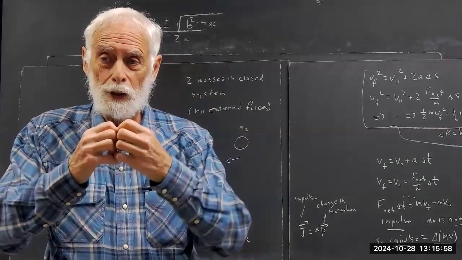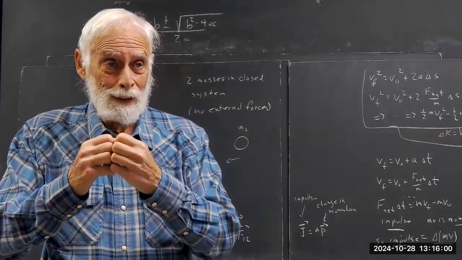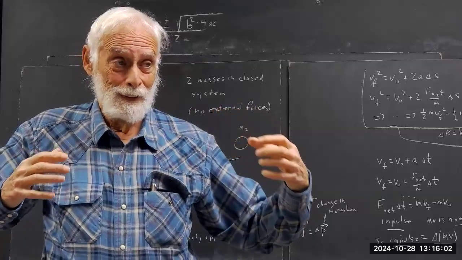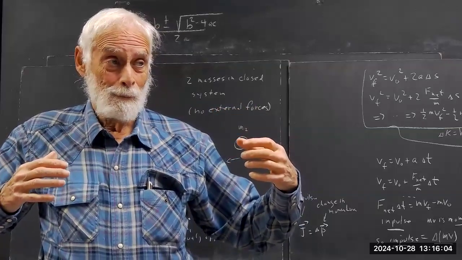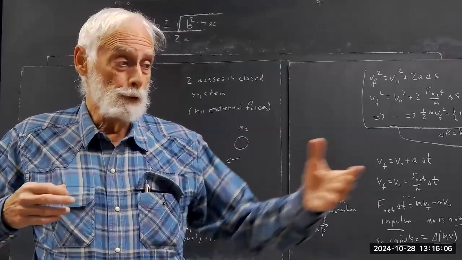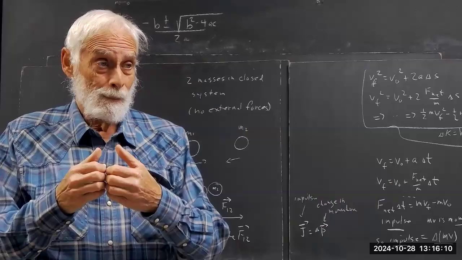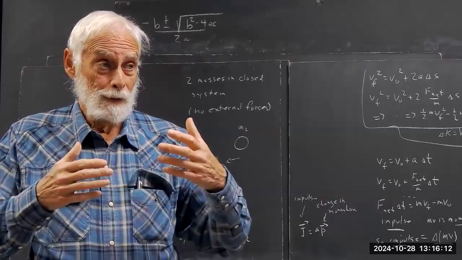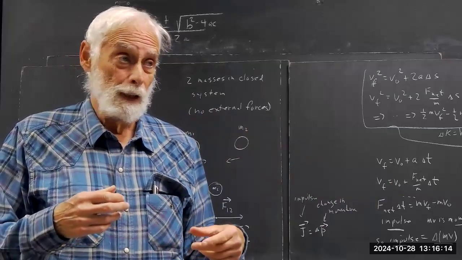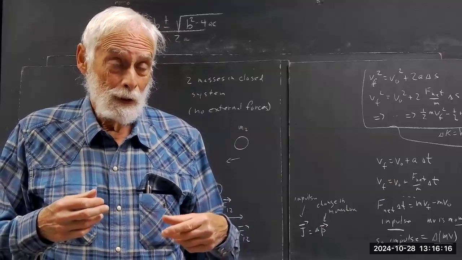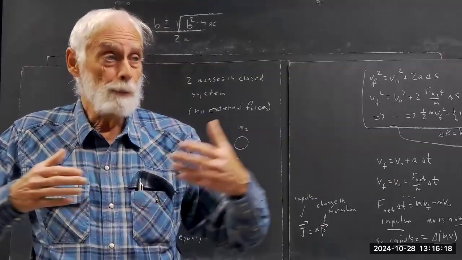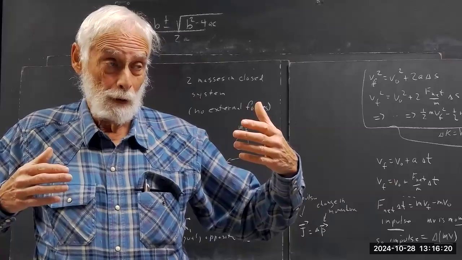They come together, they squish together, and then they push apart. You don't think of that with pool balls or steel balls, but they do. They compress a little bit. And they're very elastic. You don't think of steel as being all that elastic, but it is, and you get most of the energy coming back. That's what elastic means.